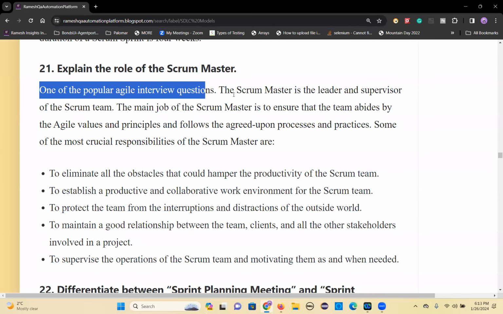The main job of the Scrum Master is to ensure that the team follows the Agile values and principles, and that you are working on the task without any default. So no excuses, nothing. He will monitor each and every team member, and in the daily Scrum meetings he will keep on asking each person.